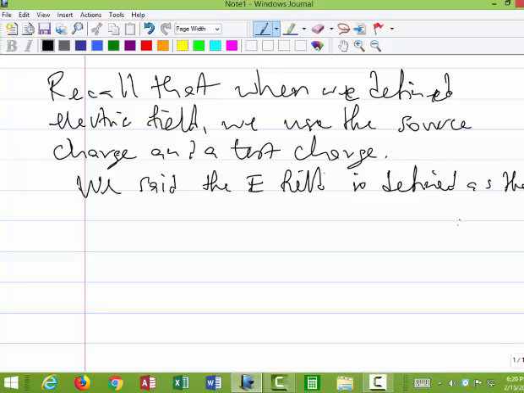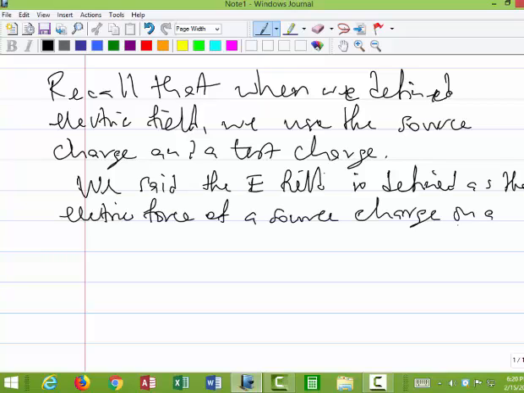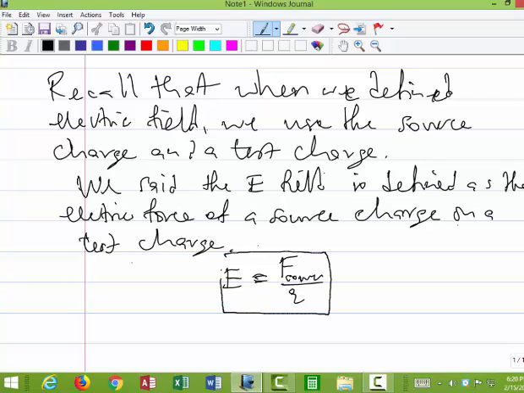So this is defined as the electric force of a source charge on a test charge. So we had E equals force from source charges divided by the test charge Q. So this was our definition of the electric field, and the unit was newtons per coulomb.